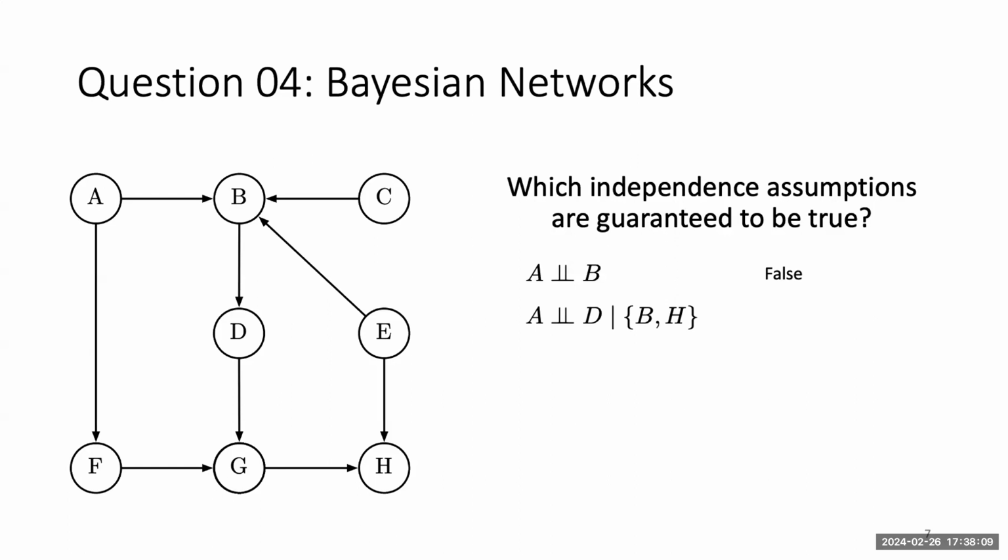What about A and D? If you condition on B and H, A is conditionally independent of D given B and H. Is it guaranteed to be true or not?